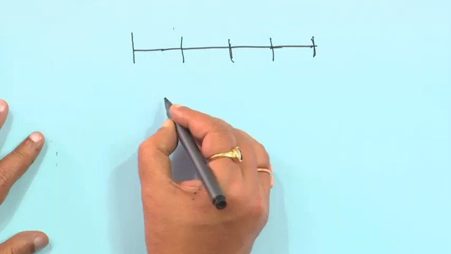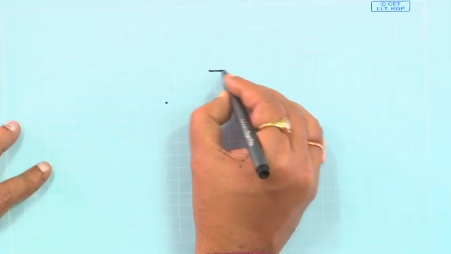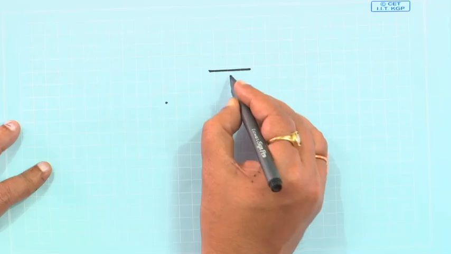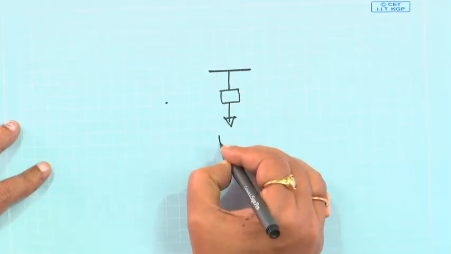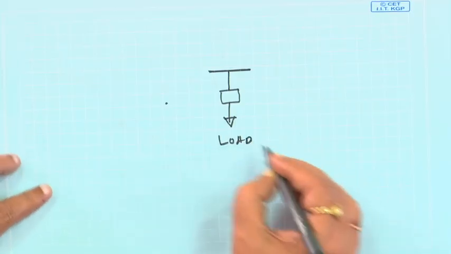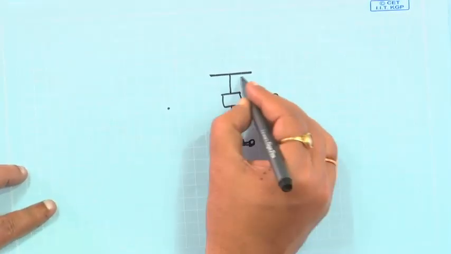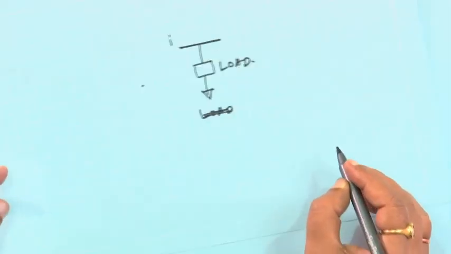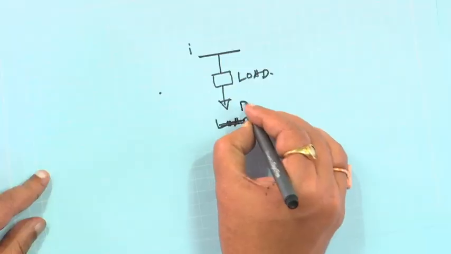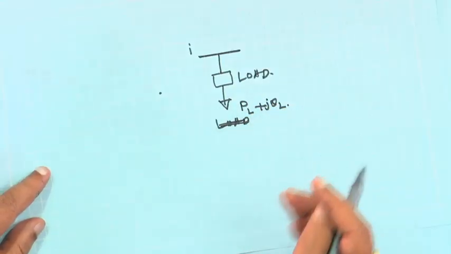For example, suppose you take any node, node I, and here you have a load, with load PL plus jQL.